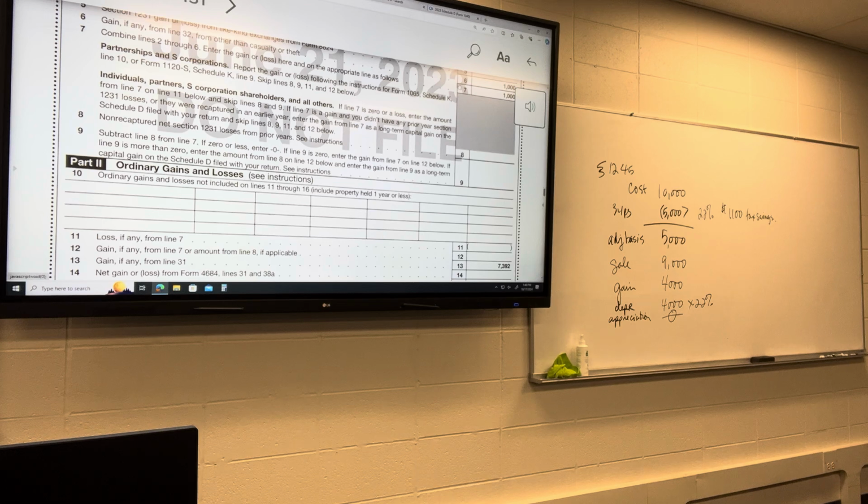So I think this 1,000 actually probably should be entered here on line 9 as well. So that's 0 on line 12, so that's fine. Enter the gain from line 9 as a long-term capital gain on Schedule D. Yeah, I think it should be here too. They missed that.